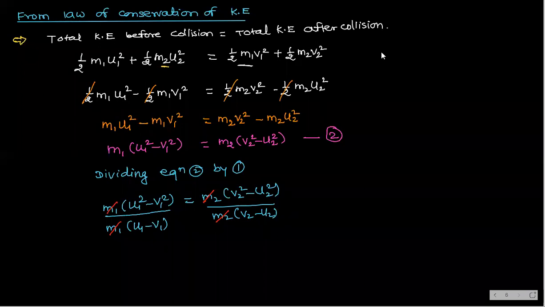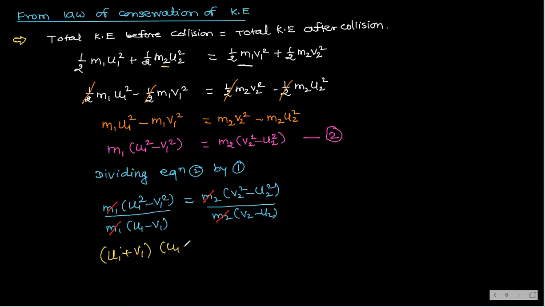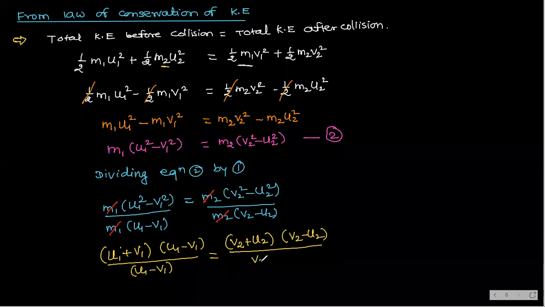So u1 plus v1 into u1 minus v1, divided by u1 minus v1. This step, everyone understood? Next, v2 plus u2 into v2 minus u2, divided by v2 minus u2. Now let's cancel these terms.